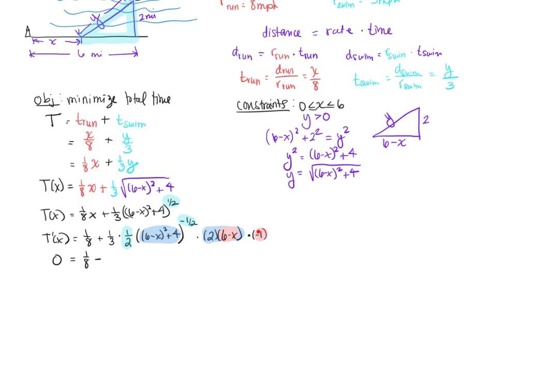So we've taken care of the 1, we've taken care of the 2, and the 1/2. So now we're only left with 1/3. We still have that 6 minus x, and we still have this (6 minus x) quantity squared plus 4 all raised to the -1/2.